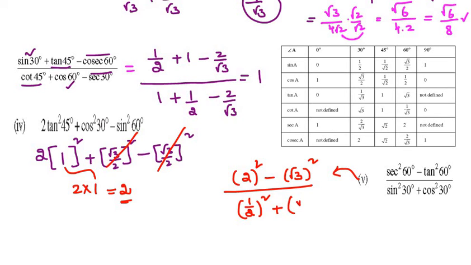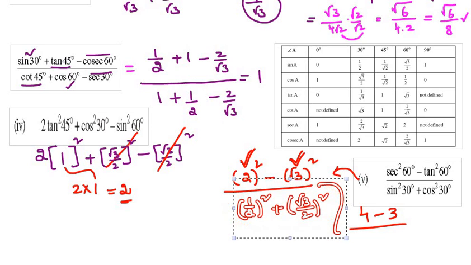Cos 30 is root 3 by 2 whole square. And we will simplify this one. So 2 square value is 4. And root 3 whole square is directly 3.